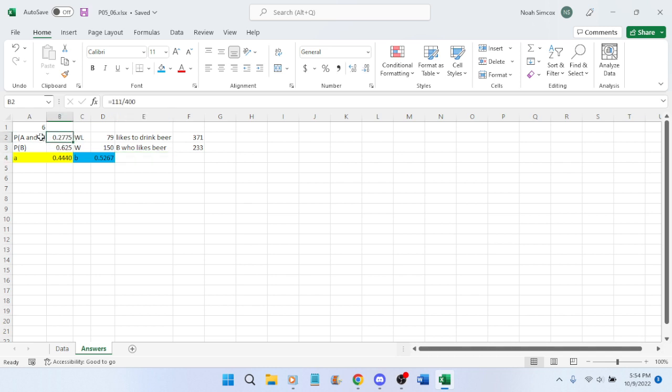You know what, we're gonna switch this back to what it was originally. This was BL. BL was 111. This was B. This was 250. Just to make everything simpler. There are a total of 250 blue-collar workers, but only 233 of them like to drink beer.